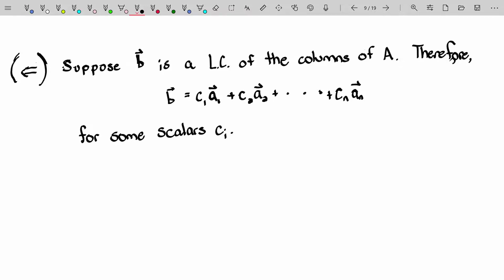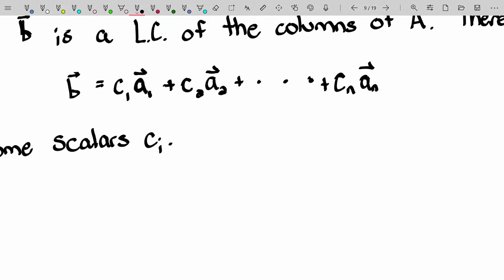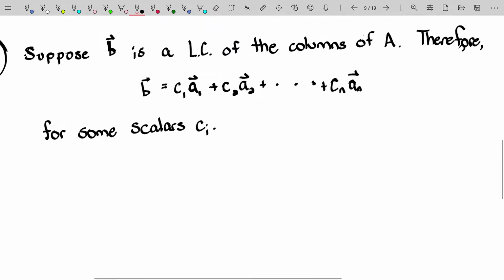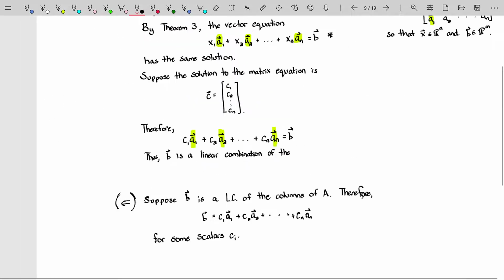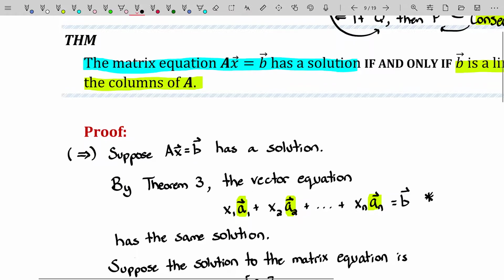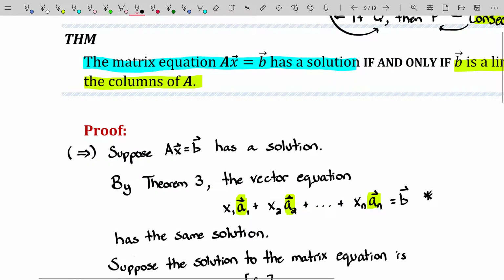Now, what does this mean that the vector b now is a linear combination, is a concrete linear combination, by the way? There are some scalars, c1, c2, all the way to cn, that will make that statement true. But what does that imply so that we can get to the punchline, which is that the matrix equation Ax equals b has a solution?